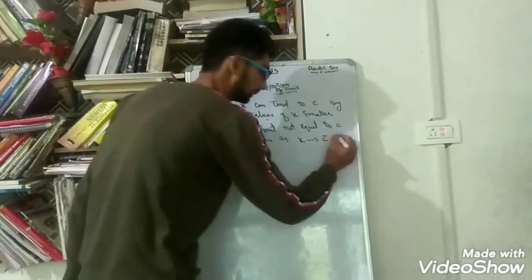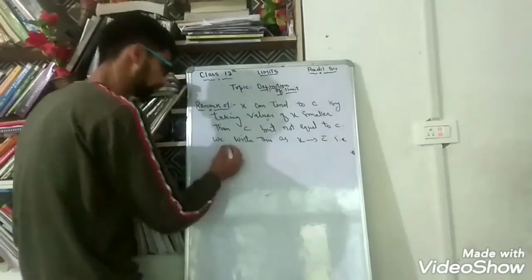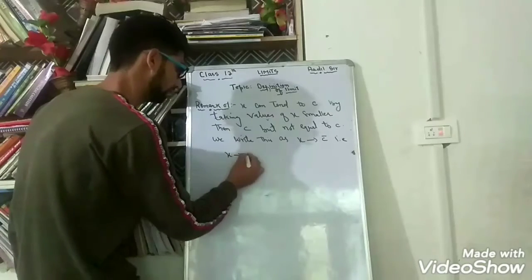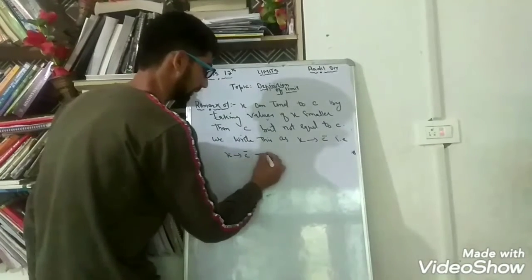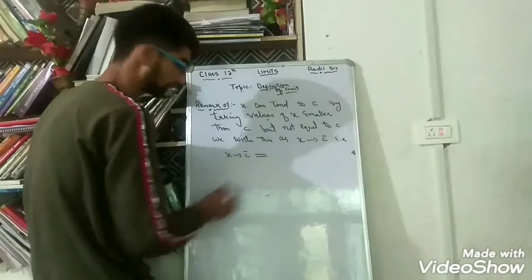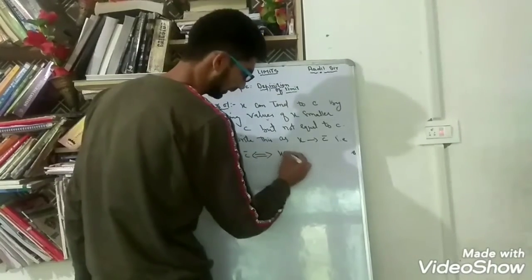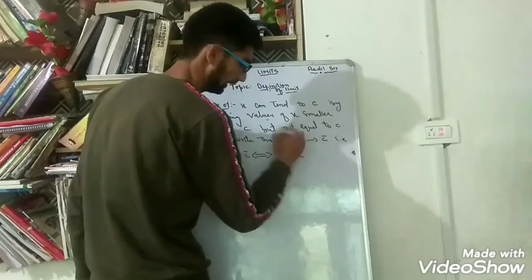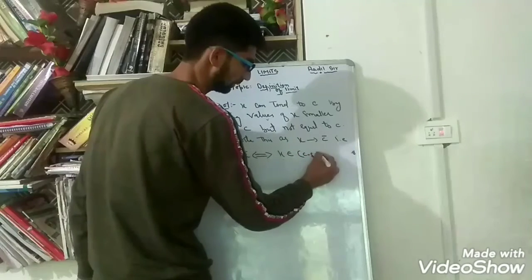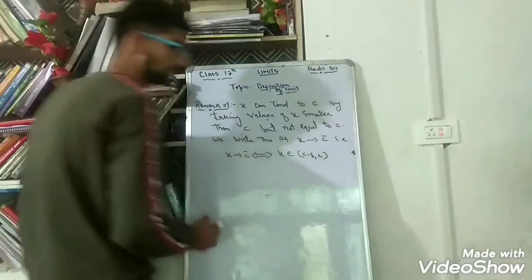That means beta x tends to C negative if and only if x belongs to this, I have told you, C minus delta comma C.